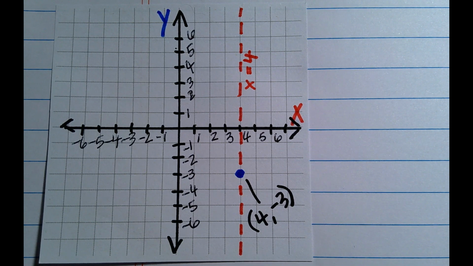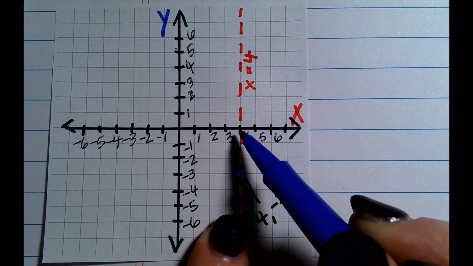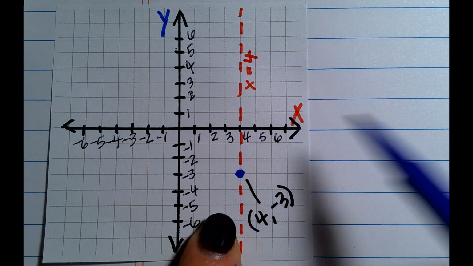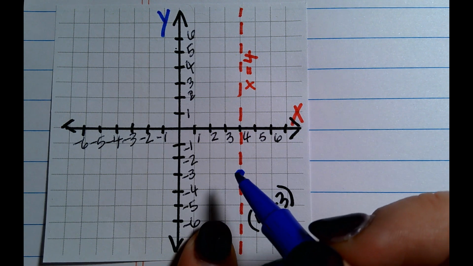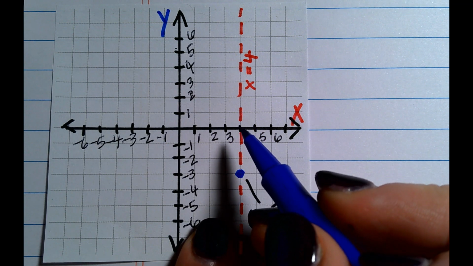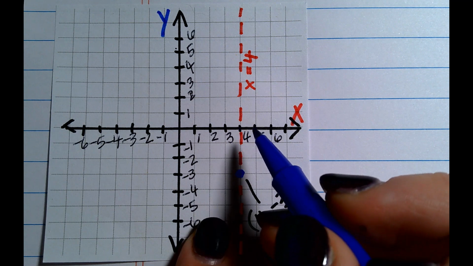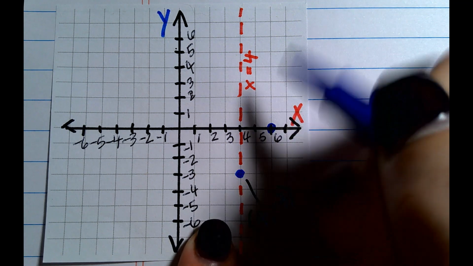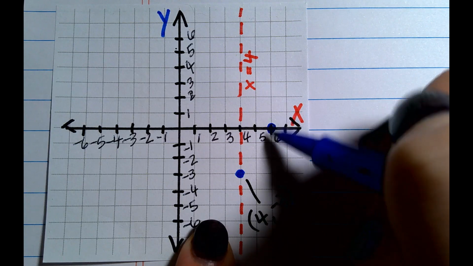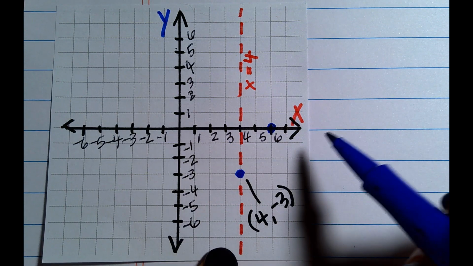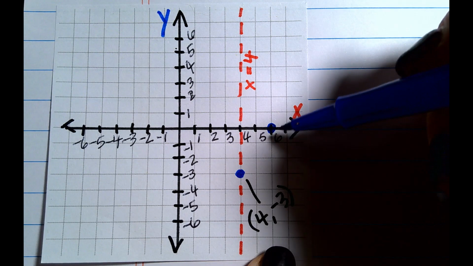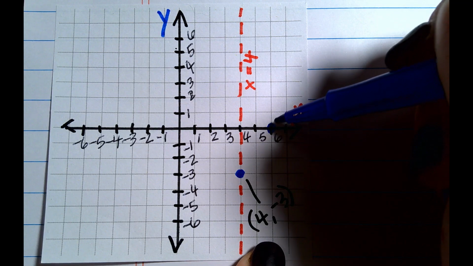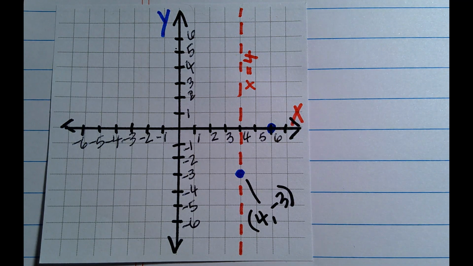Now, once you've done that, we're going to draw 2 more points. On either side of this line, I'm going to start from 4 and move over 1, 2. So this point will be on 6. So this coordinate is going to be 6, 0.